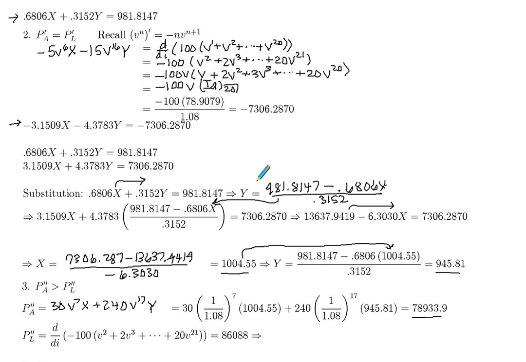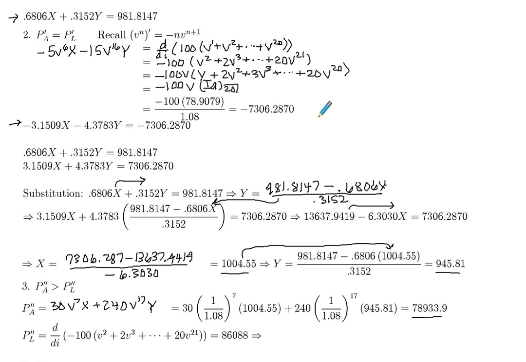Now, the liability cash flows, that one is a little bit more work. So what we're doing is we're taking one more derivative of this expression right here. And when we do that, we don't get a nice pattern. We don't get a nice annuity like the increasing annuity. We get something really ugly.